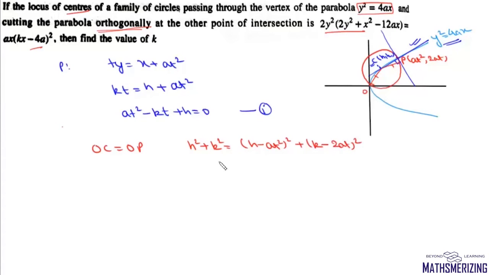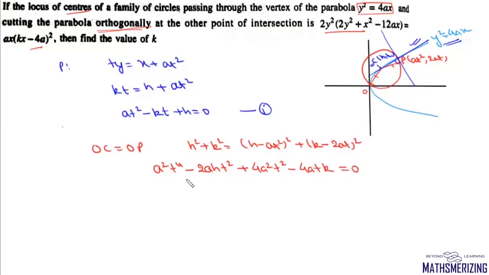Now here h square k square will cancel. So here we'll get a square t to the power 4 minus 2ah t square, and then plus 4a square t square and minus 4a t into k equals 0.